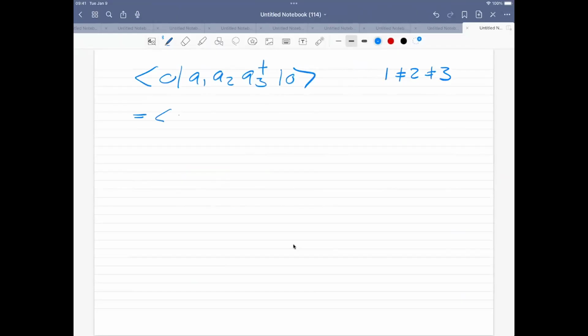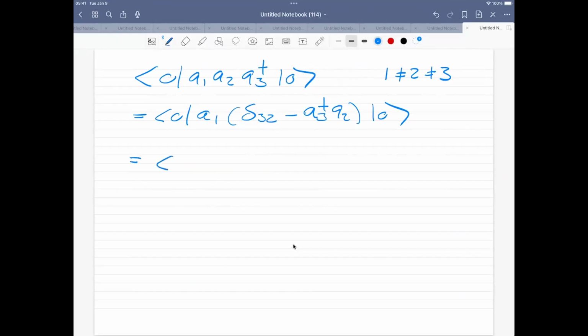So the first term here, if we do this in a brute force way, we would have an A1, and then we have a delta 3 2 minus an A3 dagger, and A2 of 0. And I'm just going to write this out in terms of all the possible terms which we get by using the anti-commutation rules.